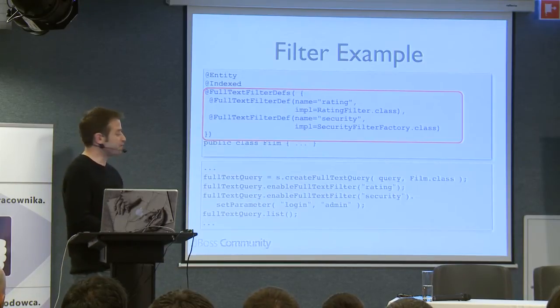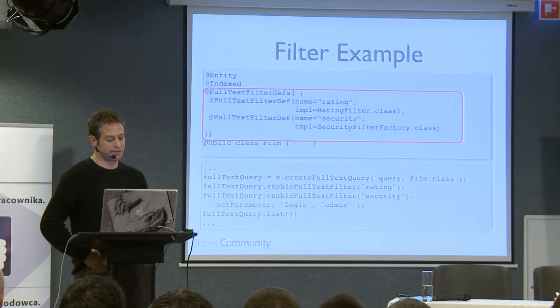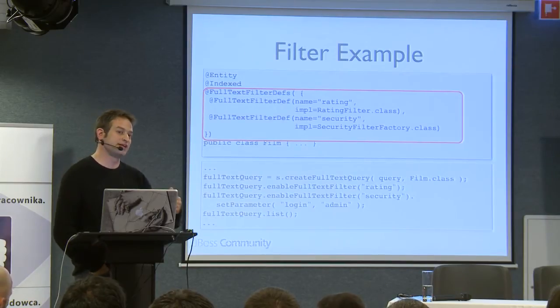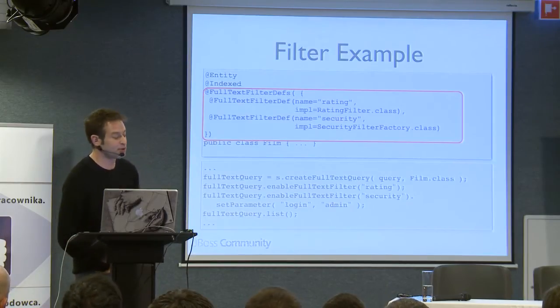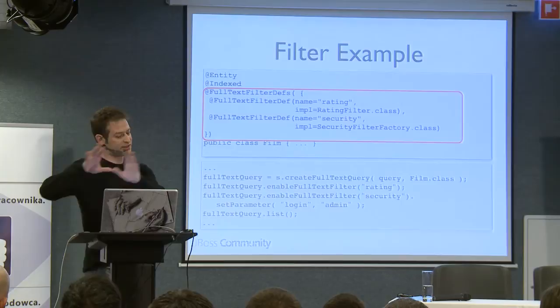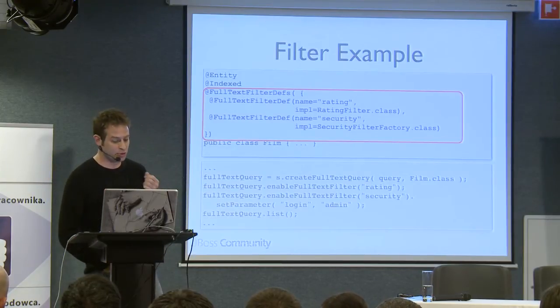In this case, I configure 2 filters using the full text filter definition annotation. And again, I have to give each filter definition a name. That's how I identify it. And then I have to specify an implementation class. So for what the filter does, there I have to write code. So I have to implement rating filter or security filter factory.